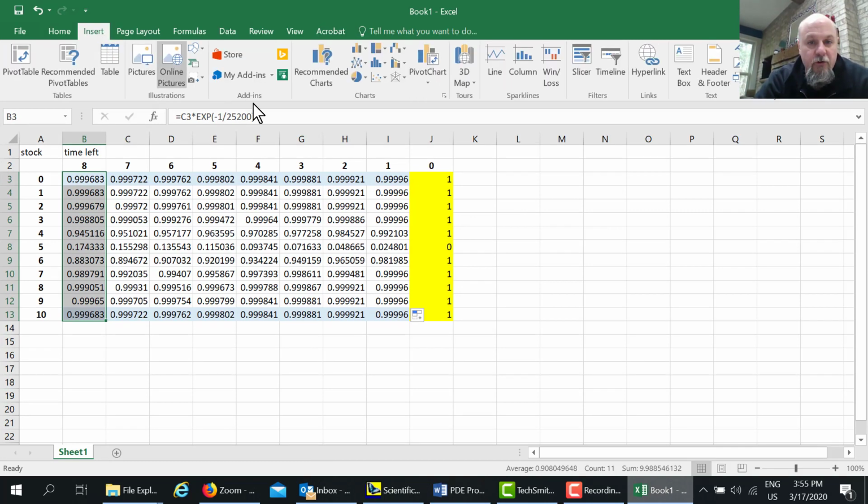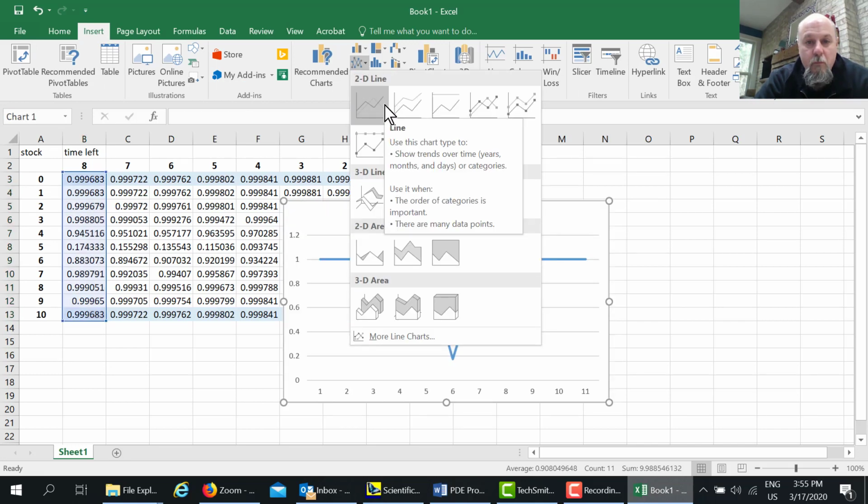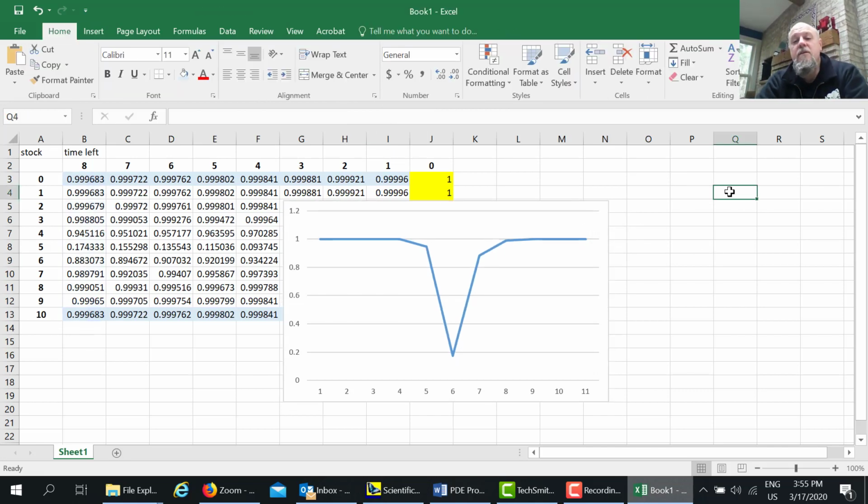So I'm going to go insert, I'm going to make a graph. And this is supposed to be the value of that binary straddle now with 8 days left till expiry. And it looks a little asymmetrical.